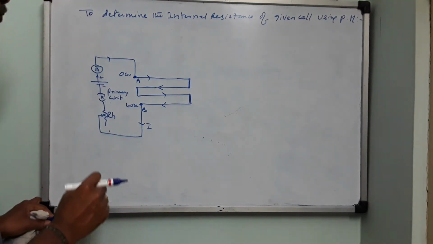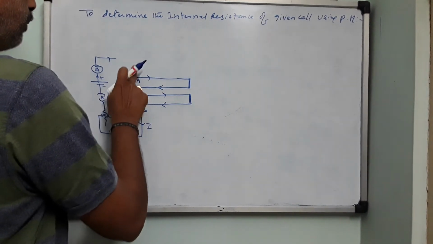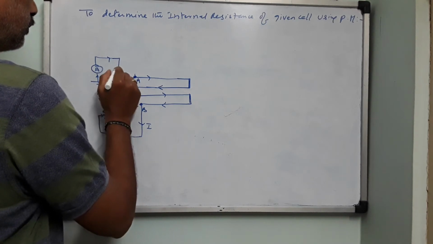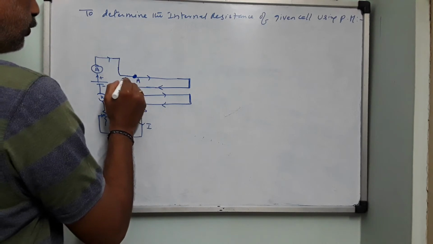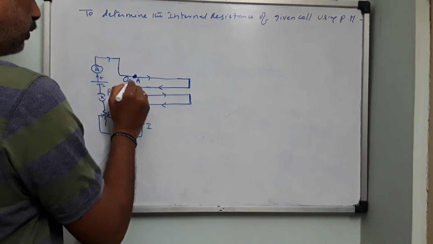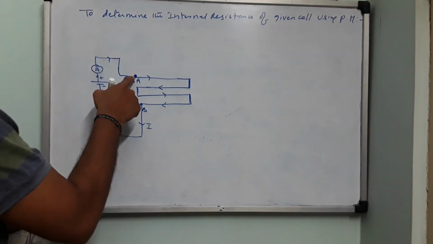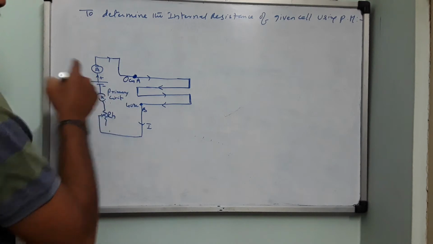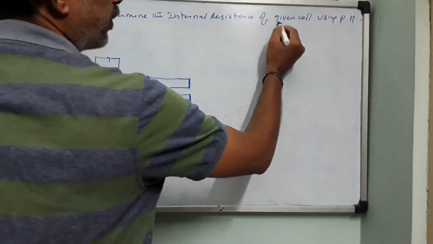Fine. Now, in the secondary circuit, let me make something of this sort. This is 0 centimeter. Now, the end A of the potentiometer wire is connected to positive. My aim is to determine the internal resistance of a given cell.